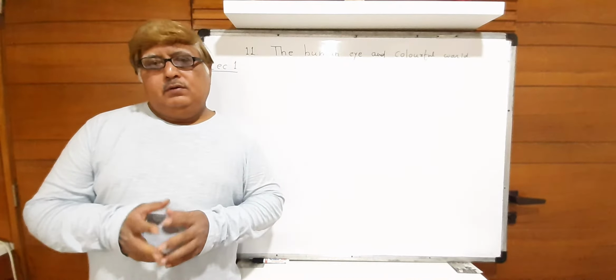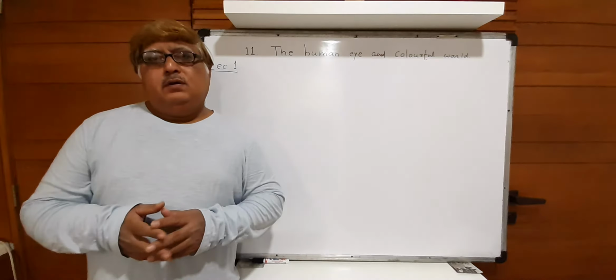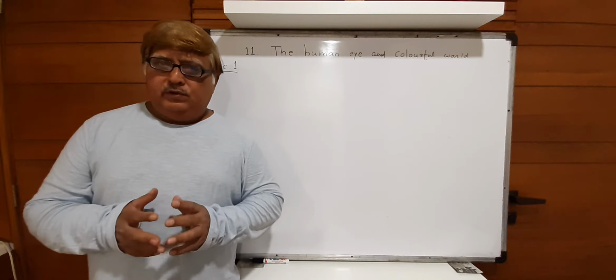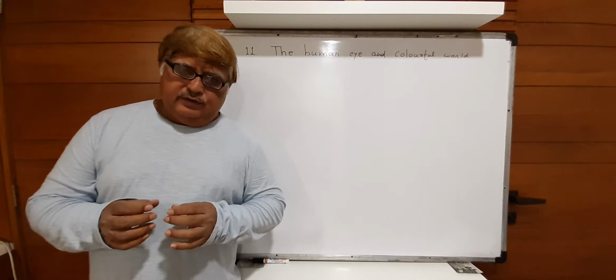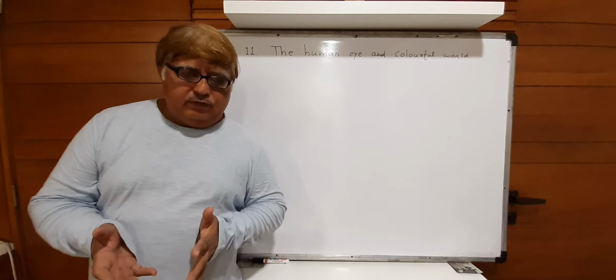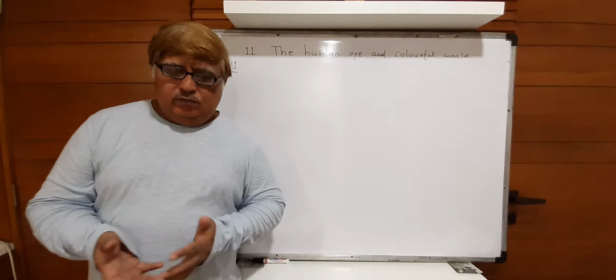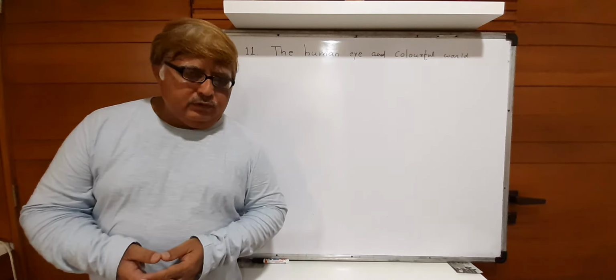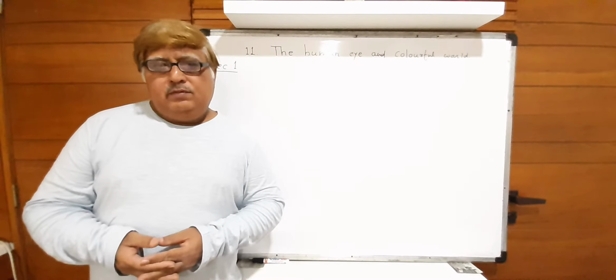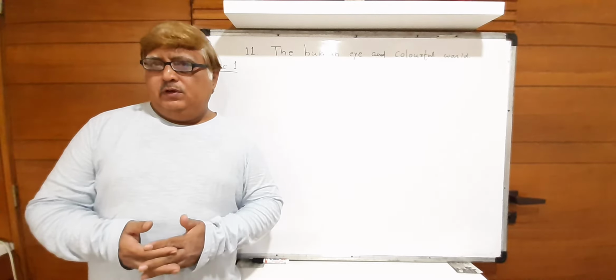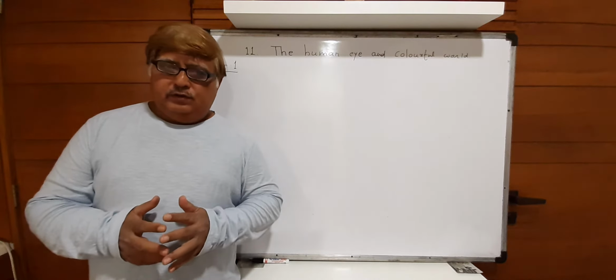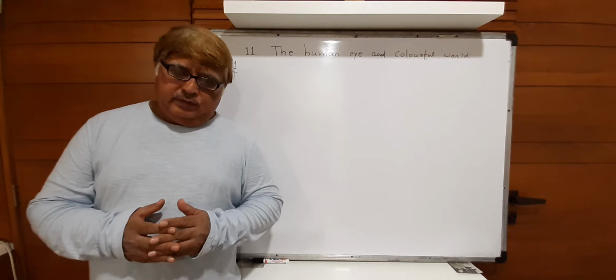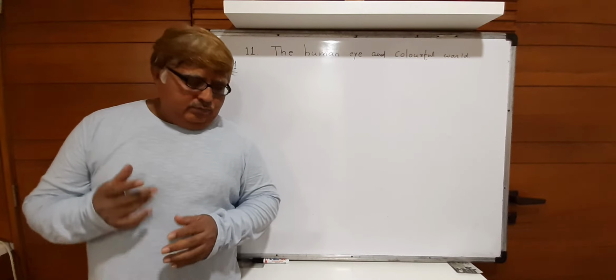So today we are starting chapter number 11, the human eye, the greatest invaluable gift of nature to living organisms. We will discuss not only the internal structure of the eye but, at the same time, power of accommodation.